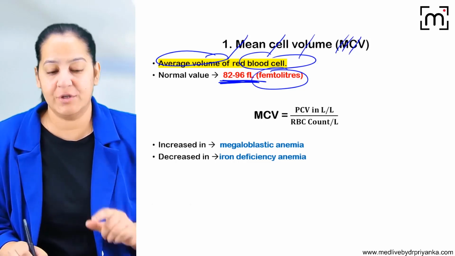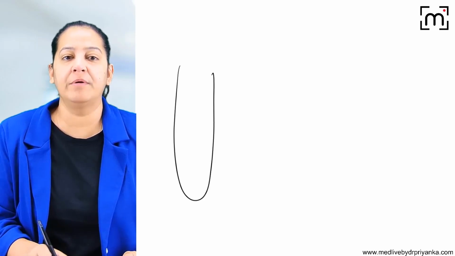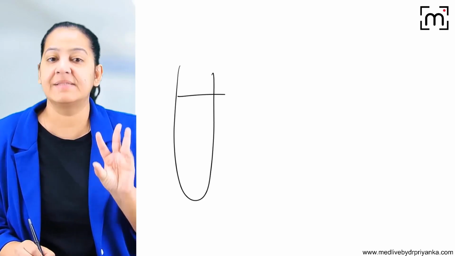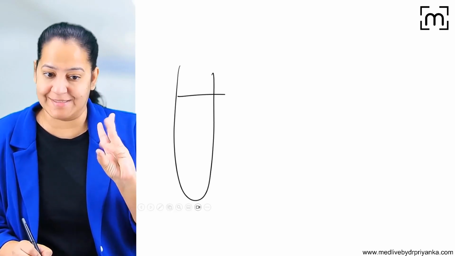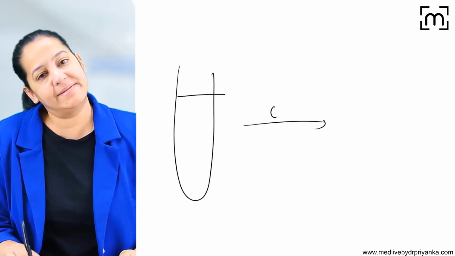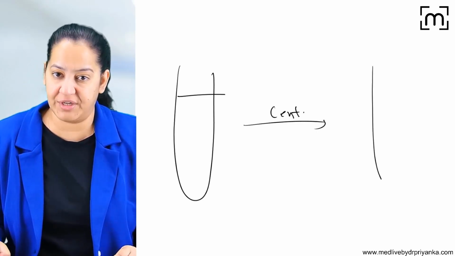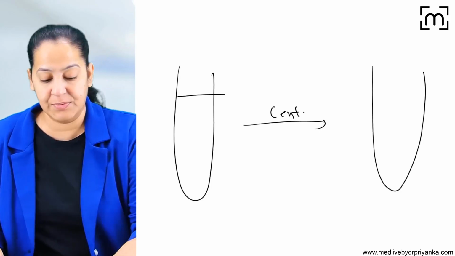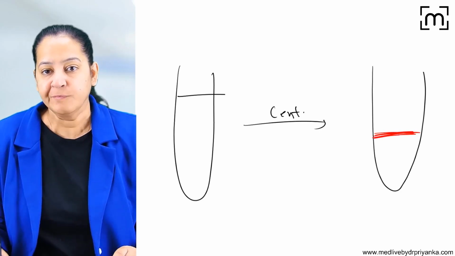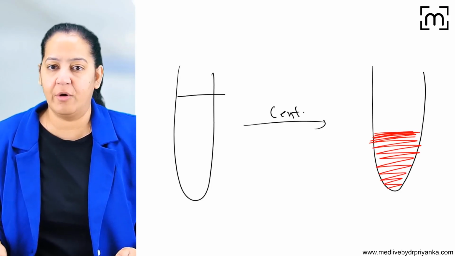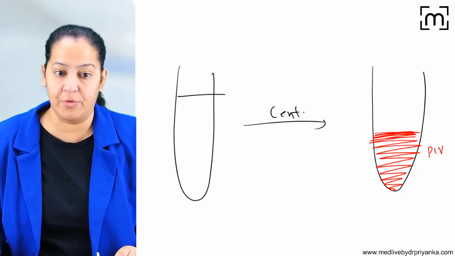What is the formula? Now, if I am taking the blood in a test tube, blood contains 3 cells, RBC, WBC, platelet, along with plasma. So 4 things are present in blood. Let's centrifuge it. What will happen? All the RBCs will settle down at the bottom, and this is known as packed cell volume.